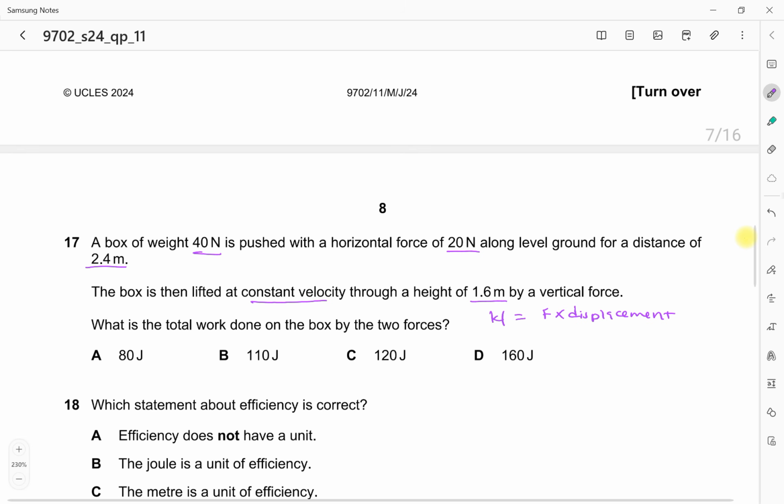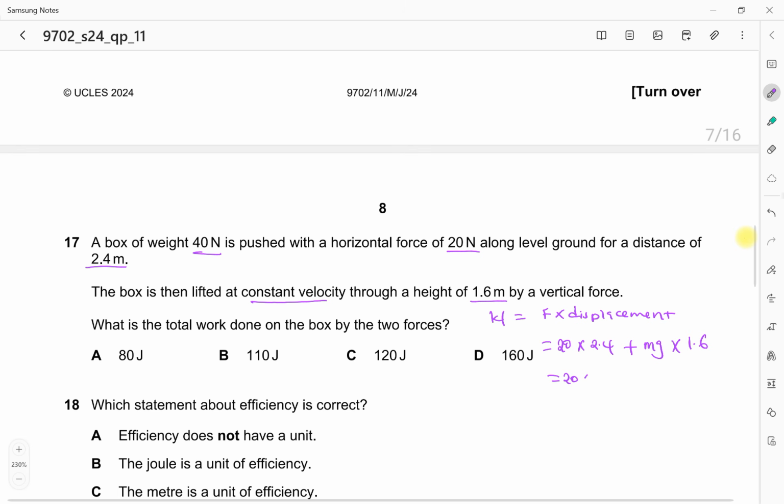So the work done in the horizontal: the force is 20 newtons, and the distance moved in the horizontal is 2.4, plus the work done in the vertical, which is the weight, that is the force, times the vertical distance, which is 1.6.